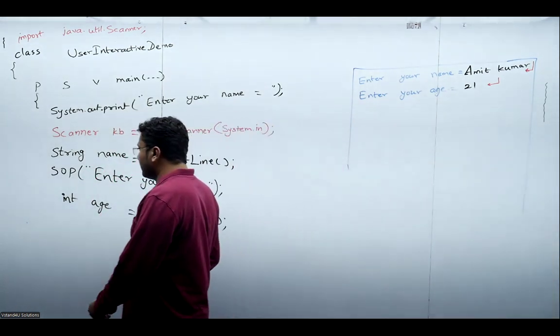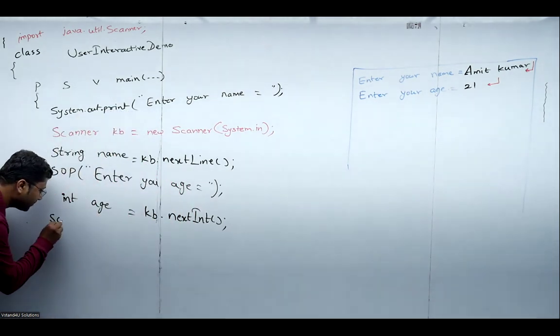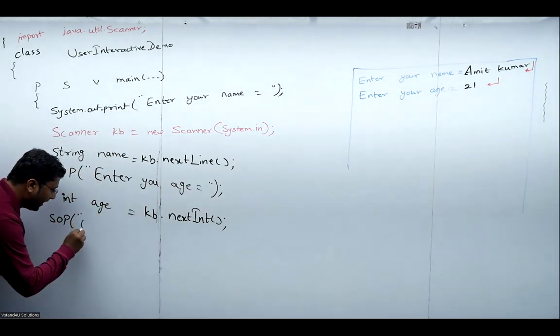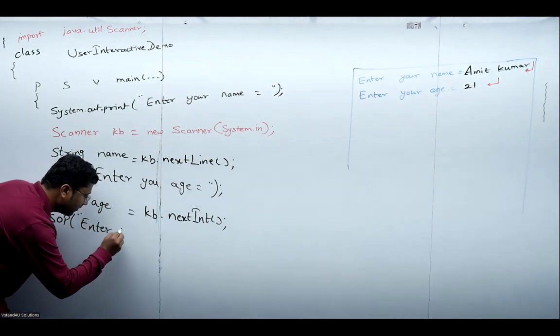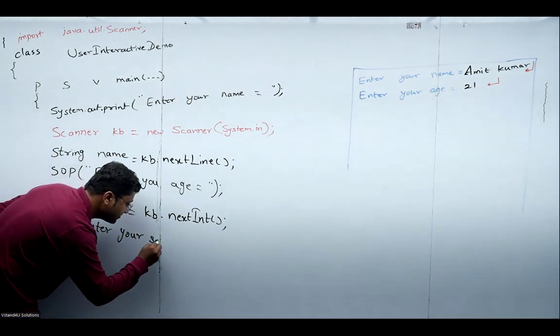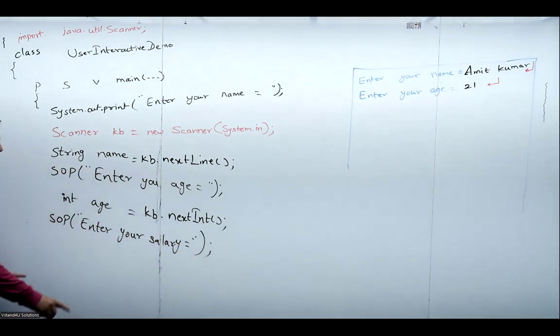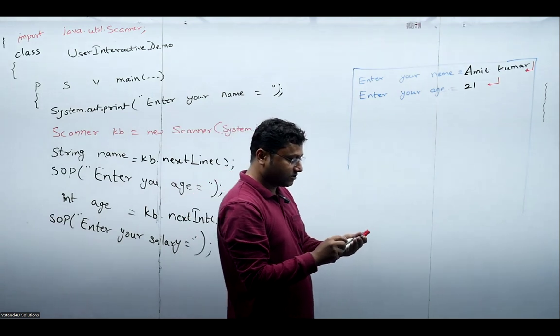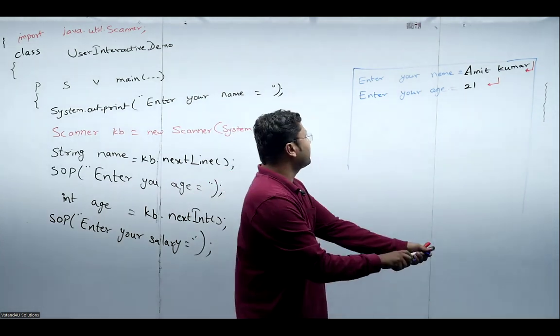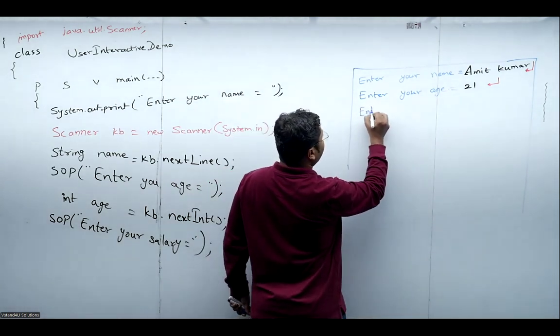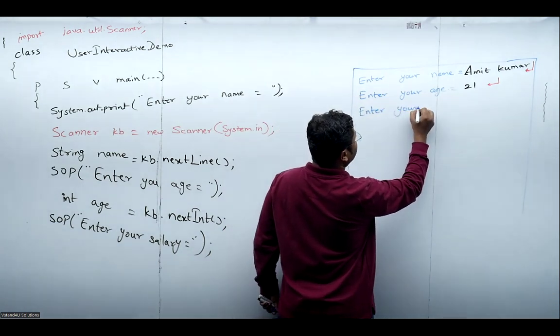Now next, what is the data? Now I'm trying to read another type of data, that is SOP of enter your salary. Done. So this much message also should be printed on the console screen. Am I right? So let me write down: Enter your salary.